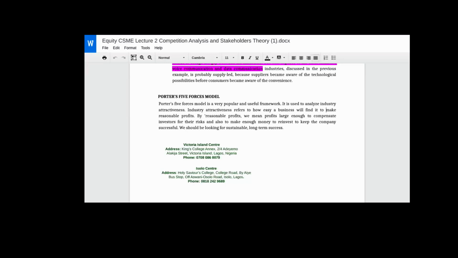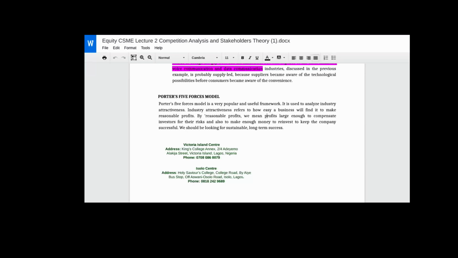The Porter 5 forces model too gives companies the opportunity to do what we call continuous environmental scanning. Because with continuous environmental scanning, it will be easier for the company to know what the activities in the industry are, who the existing competitors are, who the new competitors coming in are.